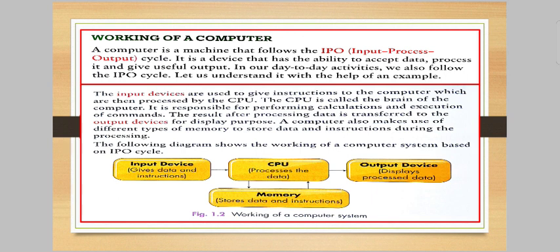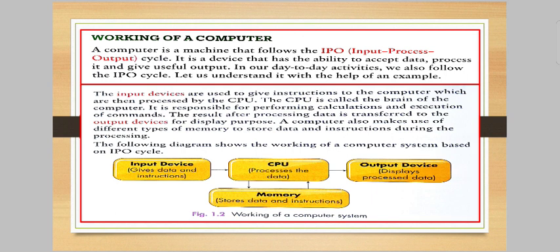The result after processing the data is transferred to the output devices. Output devices means printer, monitor, speaker. These are examples of output devices for display purpose. A computer also makes use of different types of memory to store data and instruction during the processing. The following diagram shows the working of a computer based on the IPO cycle.